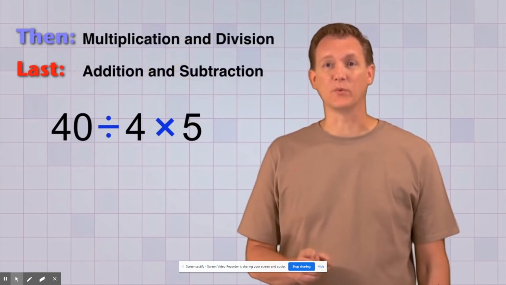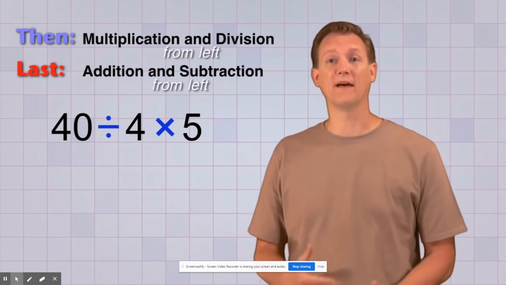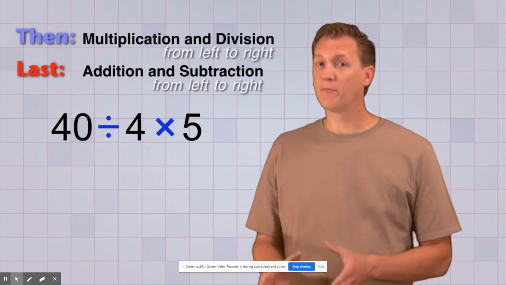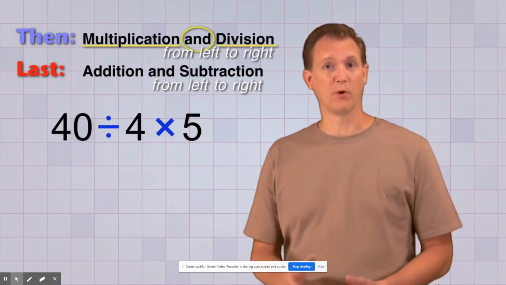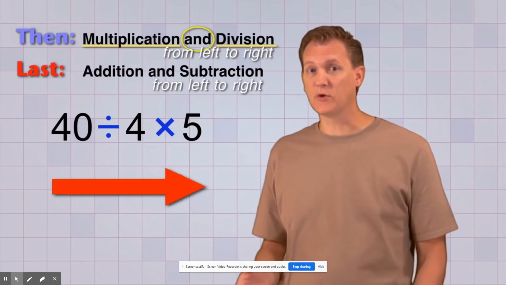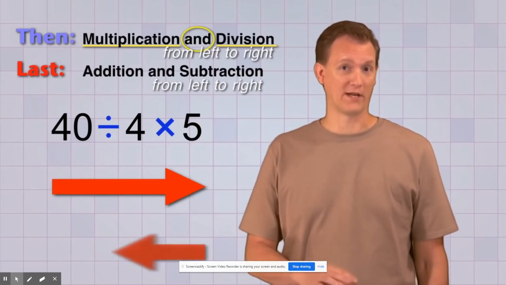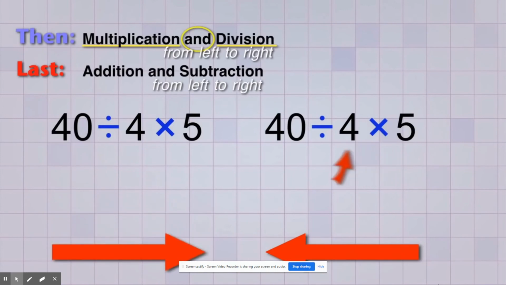And that's the reason we need an extra part at the end of each of these rules that says from left to right. If you have a problem that has both multiplication and division, then you're supposed to work it from left to right. That's because in some cases, you can get a different answer if you go from right to left. For example, in this problem, if you work from right to left the wrong way, you would do the 4 times 5 first and get 20.